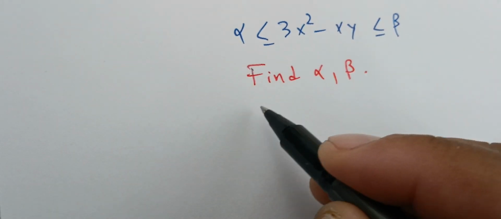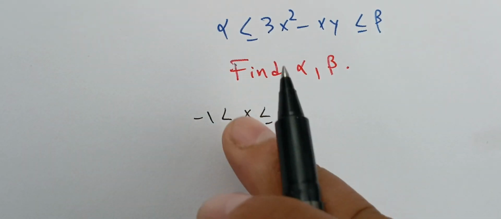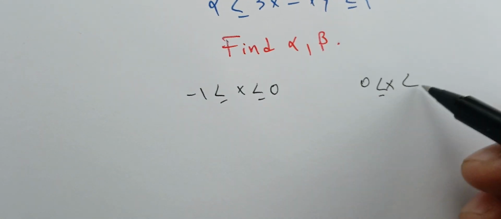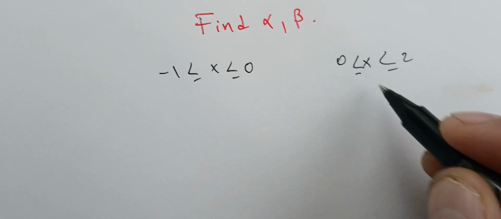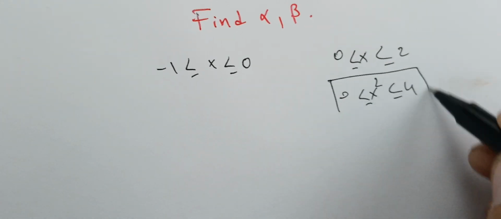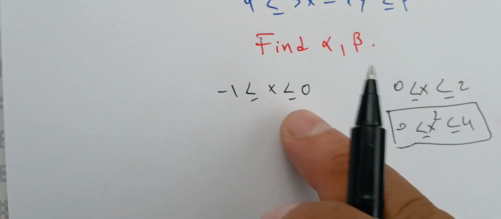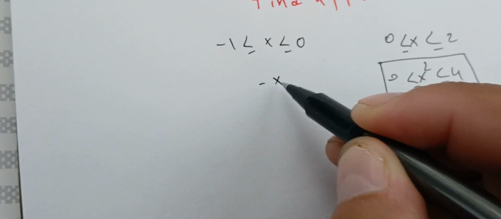So here x can be either negative, that means x is between -1 and 0, or positive. If x is between 0 and 2, we know that x squared is gonna be between 0 and 4. So we can just square without worrying about anything. But when x is negative, we have to make it positive. Therefore, we multiply by a minus.